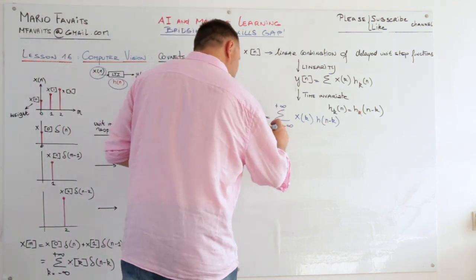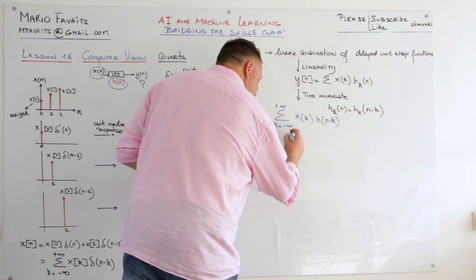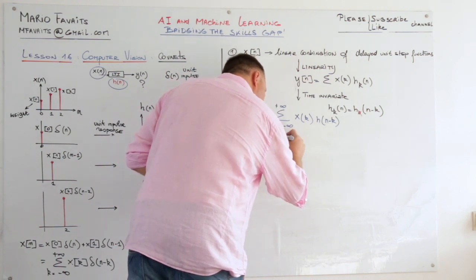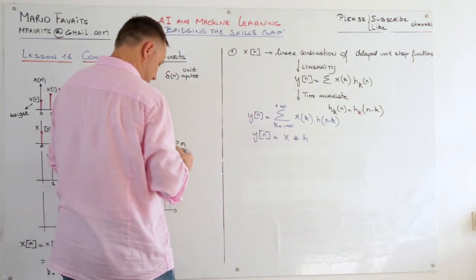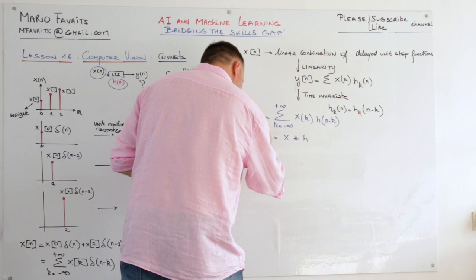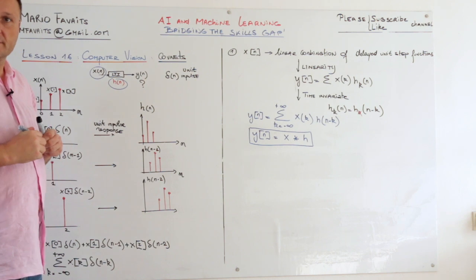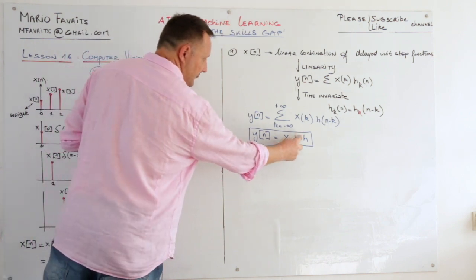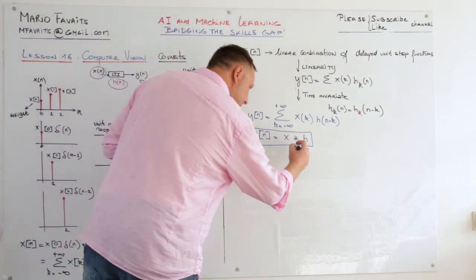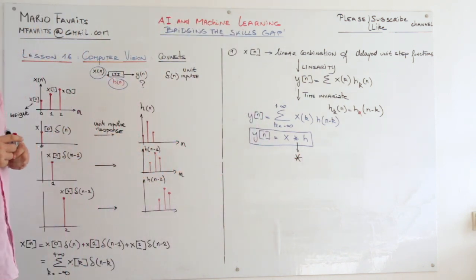Now this we can write as the output of the system equals x convolved with h. And that is basically what convolution is. Let me repeat. This operator here is our operator to show convolution.